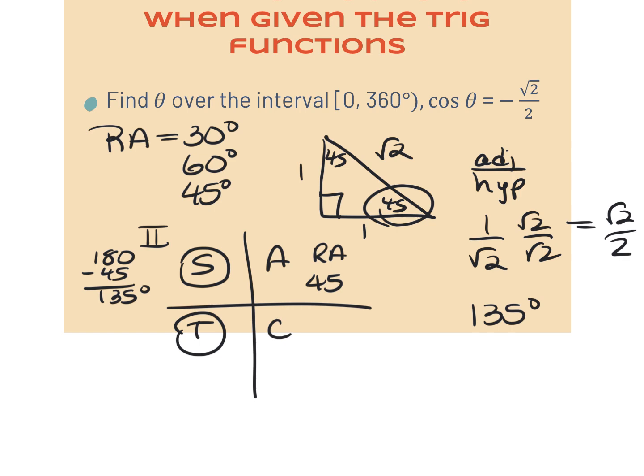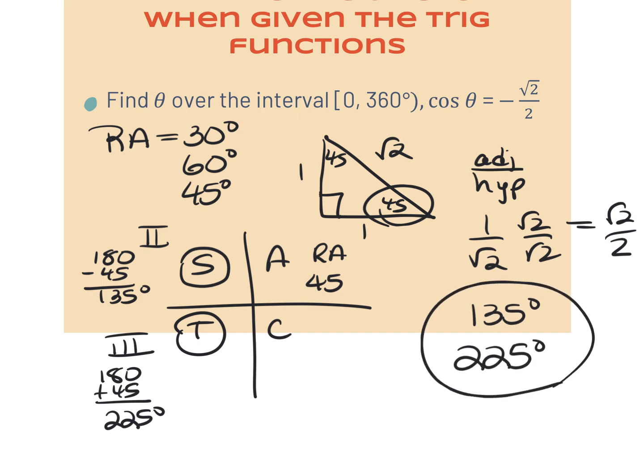And then in quadrant 3, the rule is to take 180 and add the reference angle, and that's going to give me 225. So my 2 answers are 135 and 225. Now, if it would have said where cosine is positive, then it would have been quadrant 1 and 4.